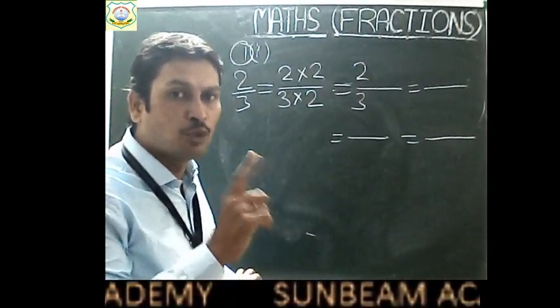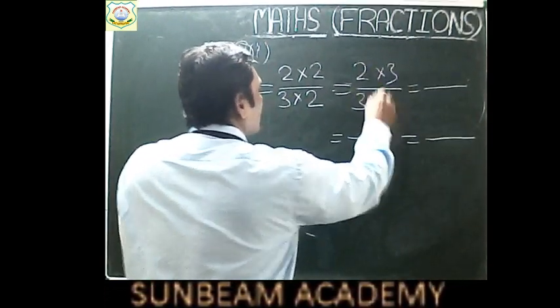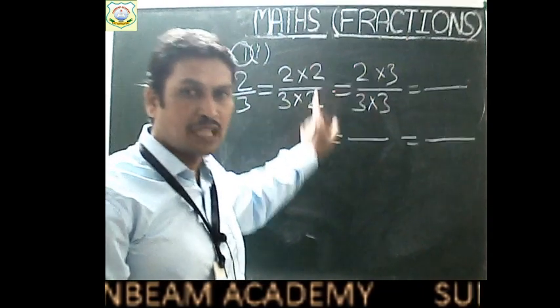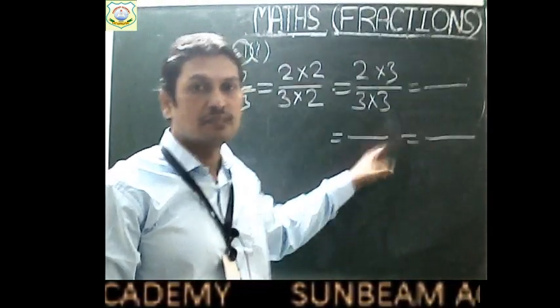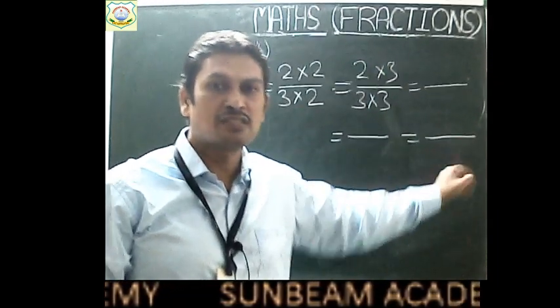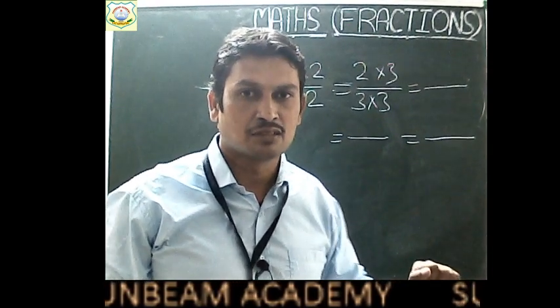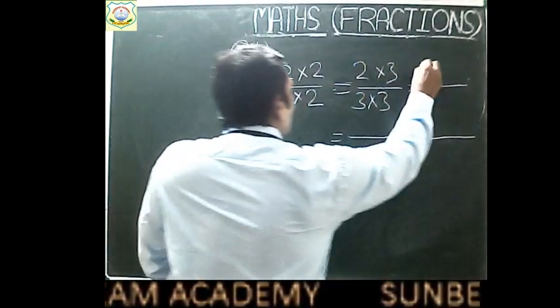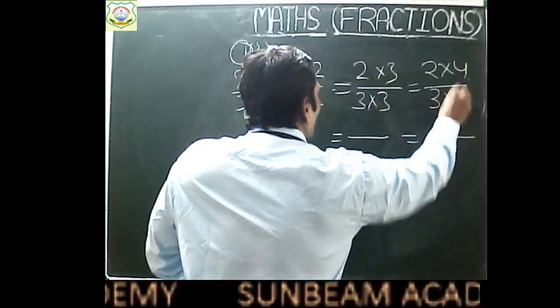Then we will multiply both 2 and 3 by 3. Okay, clear? So firstly multiply with 2, then multiply with 3, afterwards we will multiply with 4, then multiply with 5, then multiply with 6. In this way children, one by one we can get other equivalent fractions. Okay, so the next equivalent fraction will be 2 into 4 upon 3 into 4.